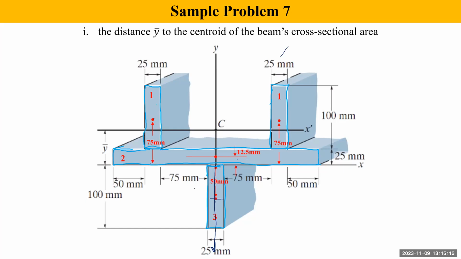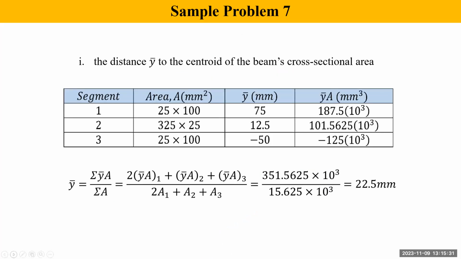So this is not 50, but minus 50, because it's below where you have your zero point. So from right here to here is minus 50.